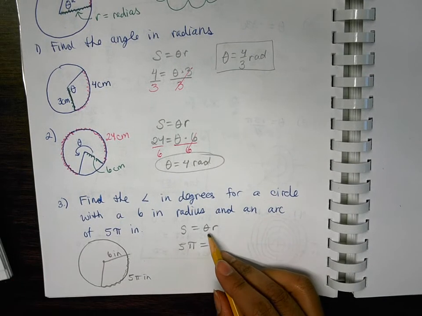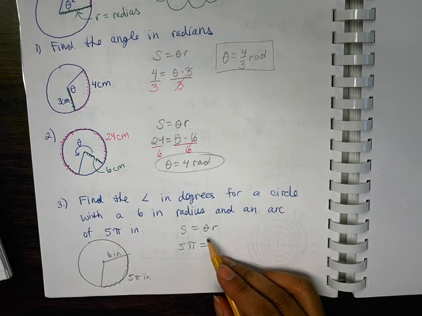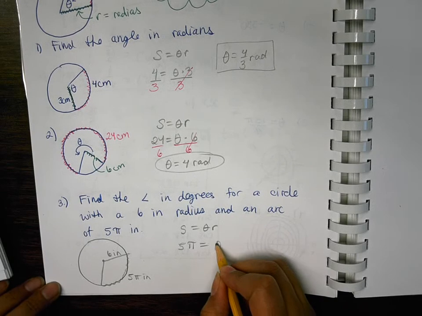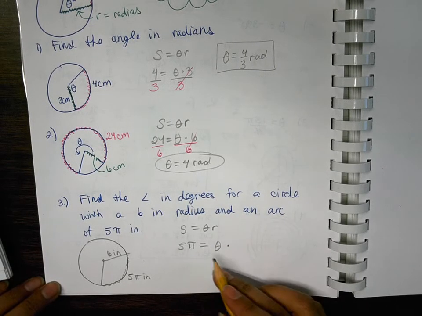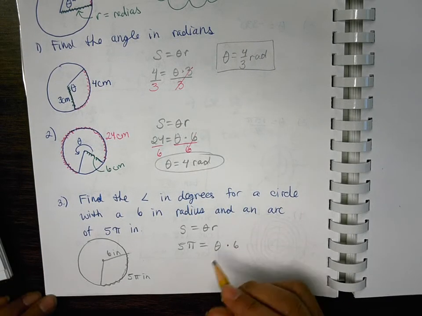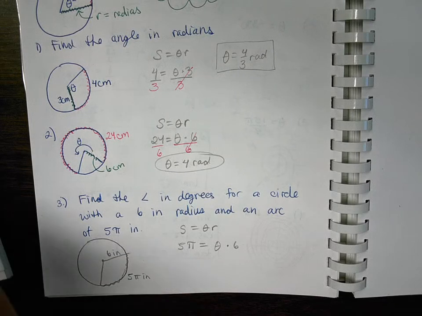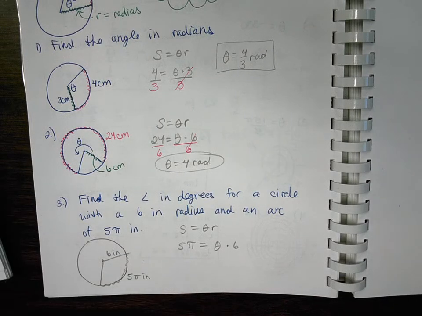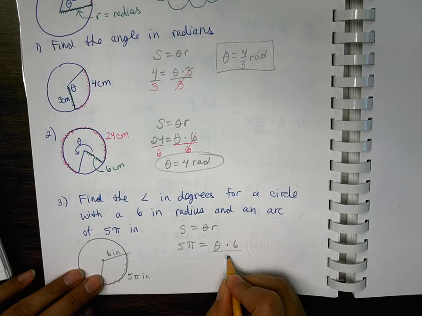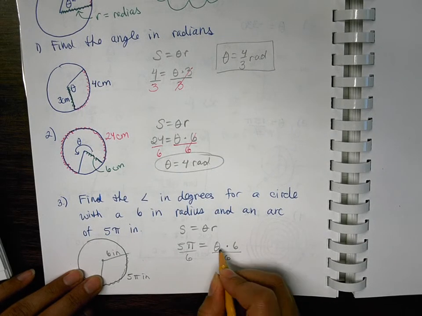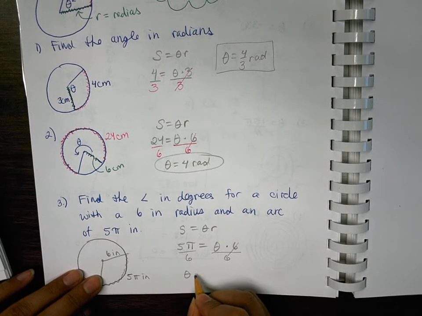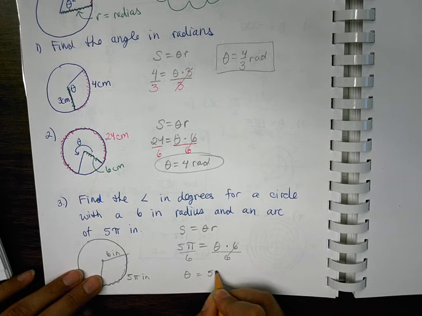What is theta, or is that what we're looking for? Looking for times the radius, which is 6. Divide both sides by what? Theta equals 5 pi over 6.